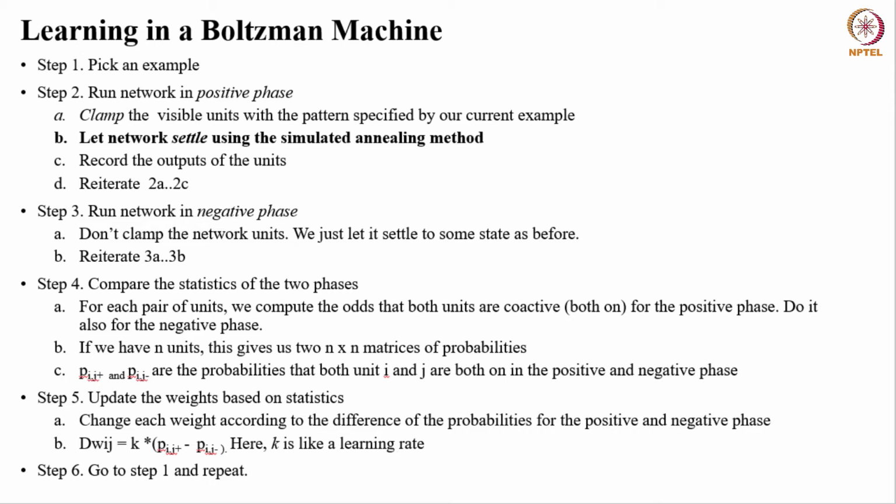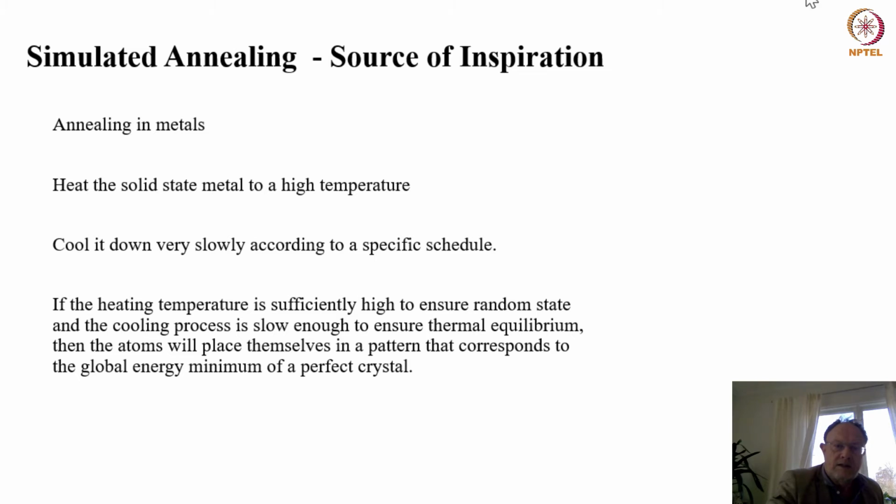We will next go and talk a little about the simulated annealing process. The source of inspiration for simulated annealing is actually annealing as it happens in metals, which means that you initially heat the solid state metal to a very high temperature, which makes it possible for the atoms to move around relatively freely.